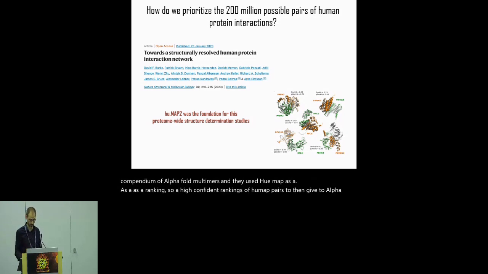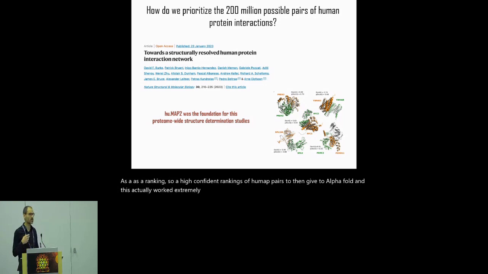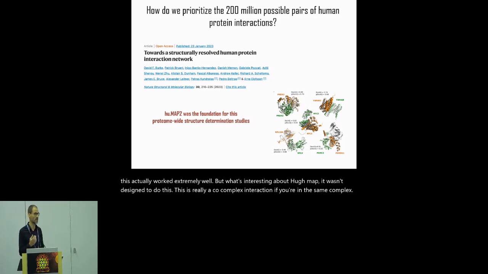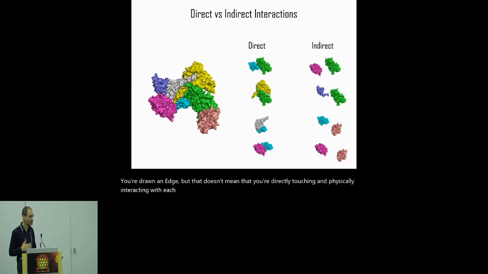This actually worked extremely well. But what's interesting is that hu.MAP wasn't designed to do this. It's really a co-complex interaction. If you're in the same complex, you're drawing an edge, but that doesn't mean that you're directly touching and physically interacting with each other. So what we need is a model to discriminate between direct and indirect interactions.